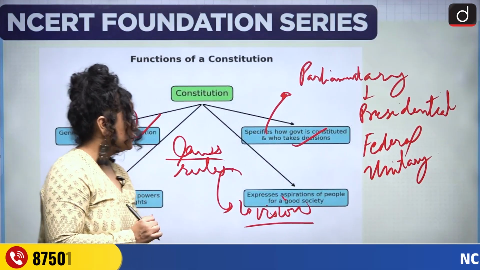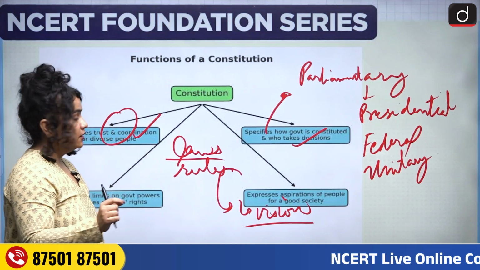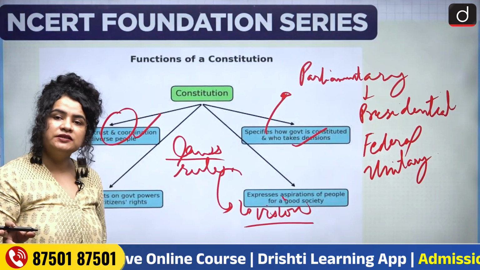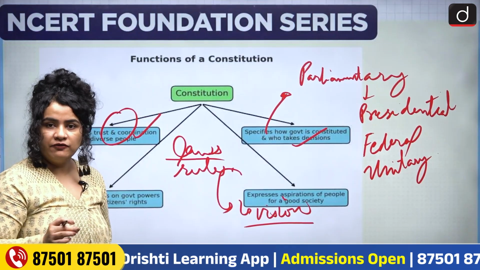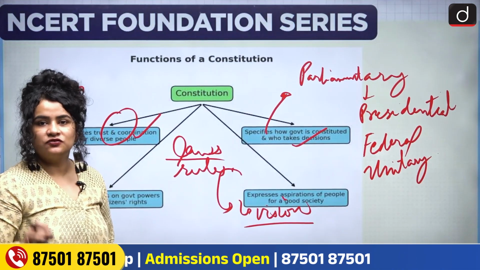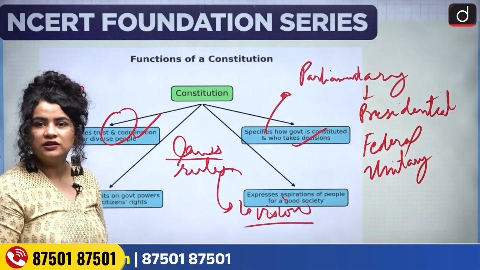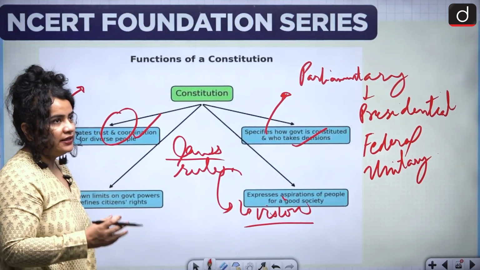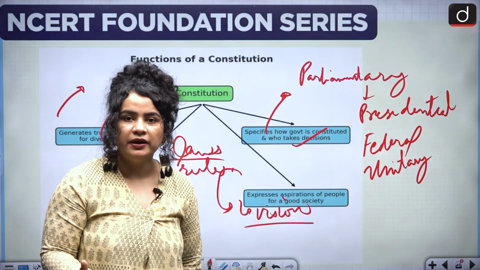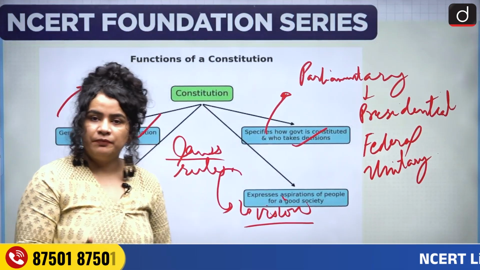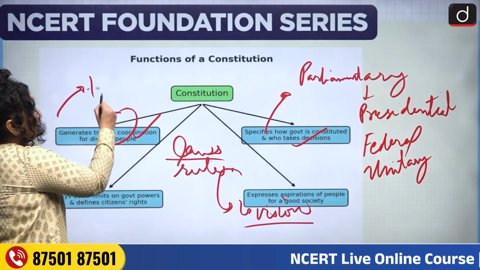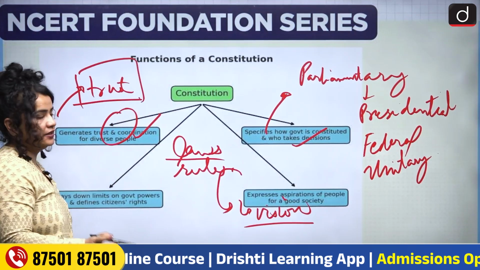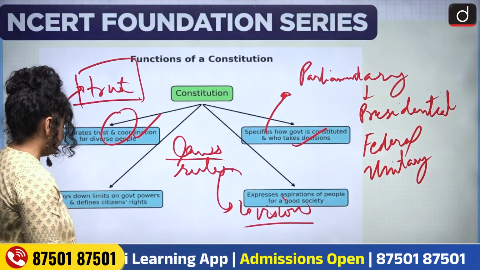If I know that I will not be favored over another person, or another person will not be favored over me by virtue of community, caste, race, or any other thing you can think of, then I will have trust not only in the ruling government, but also amongst people themselves. So yes, trust building is a very important function and a very important need for the Constitution.